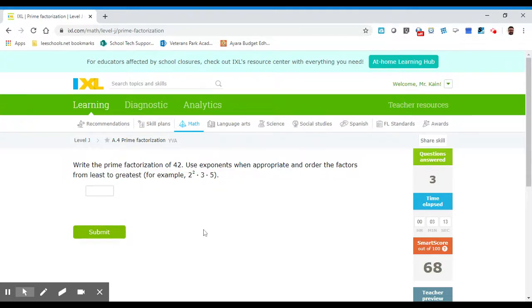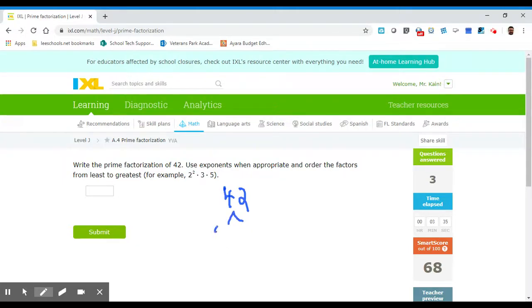Okay, now we're up to the next level. We're at 68 smart score, and we have the number 42. I know that this is even. I also know some of my math facts. 7 times 6.